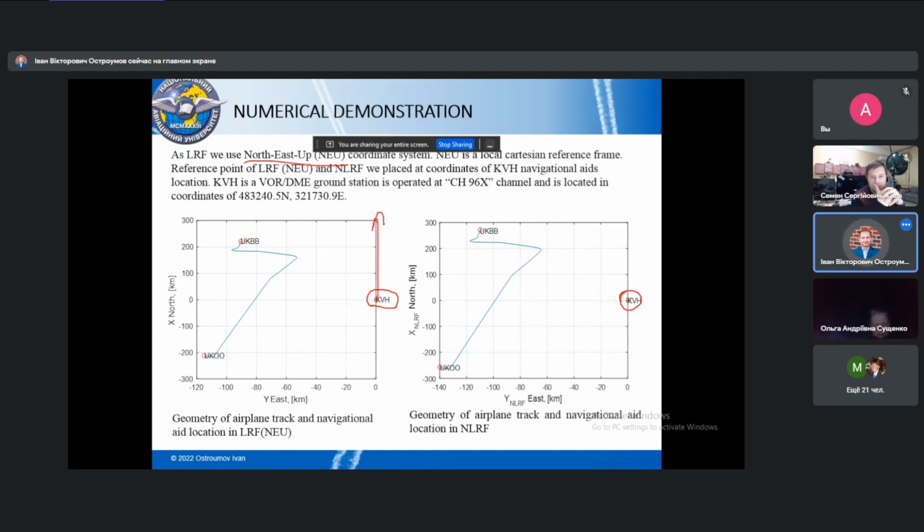Also, it should be noted that in this case the x-axis is directed to the north, the y-axis directed to the east, and the z-axis directed up. However, in these pictures, we do not have upscale. That's why we apply it in the linear reference frame and in the non-linear reference frame.